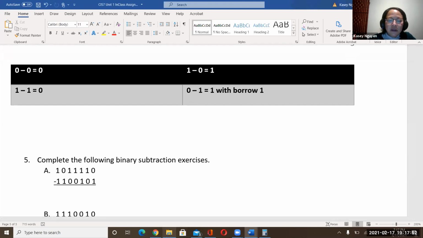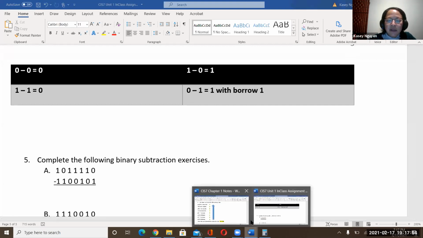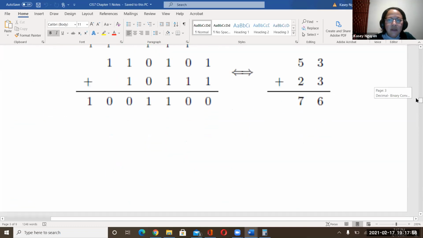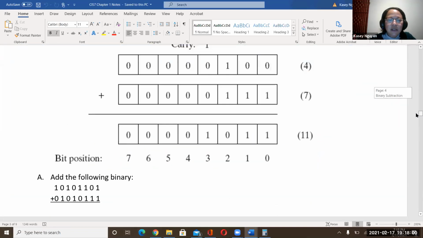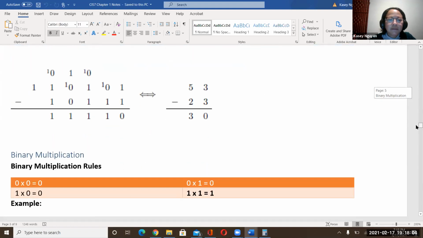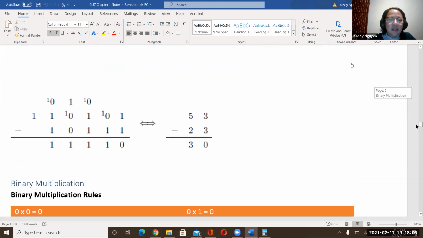Let me see. I think I put an example on your notes. There's the addition. There's the subtraction. So I'm going to look at the notes now. We're going to look at the example first before we attempt it.